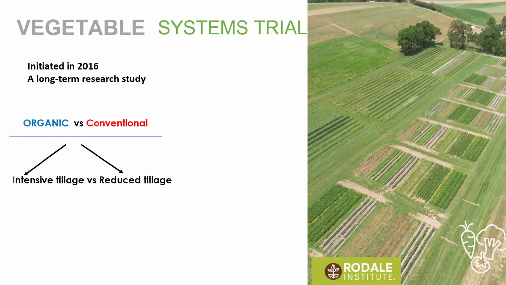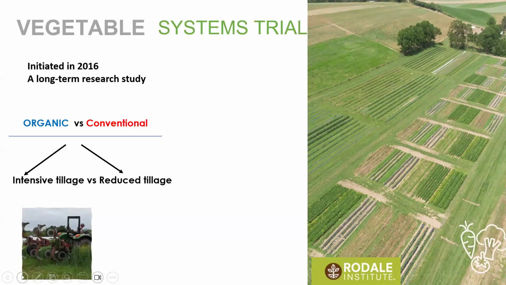Within each of these cropping systems, we included intensive tillage and reduced tillage. So we will understand how management practices along with the cropping system impact the soil health and the nutrient quality of the crops that we select to grow.